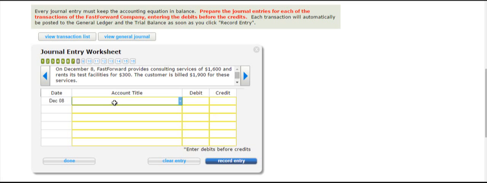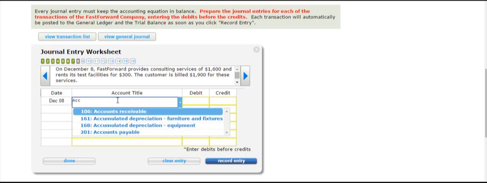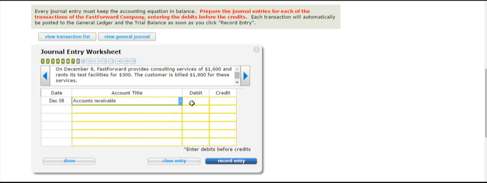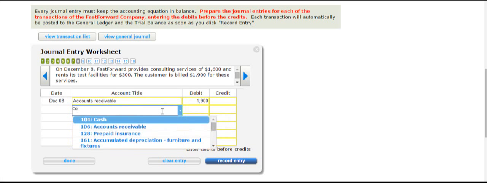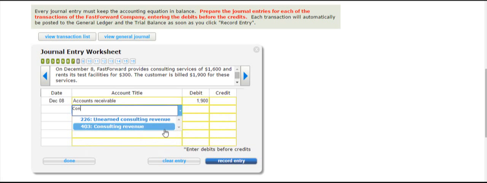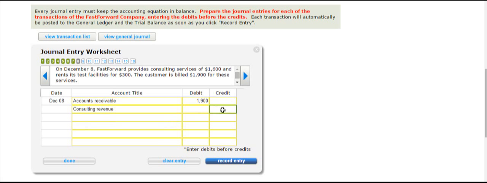Consulting services and renting test facilities, bill someone, is accounts receivable, $1,900. I'll go through the rest of them. This is consulting revenue, $1,600.